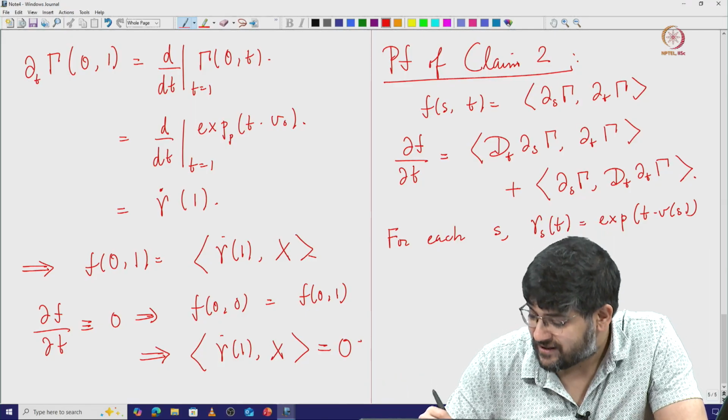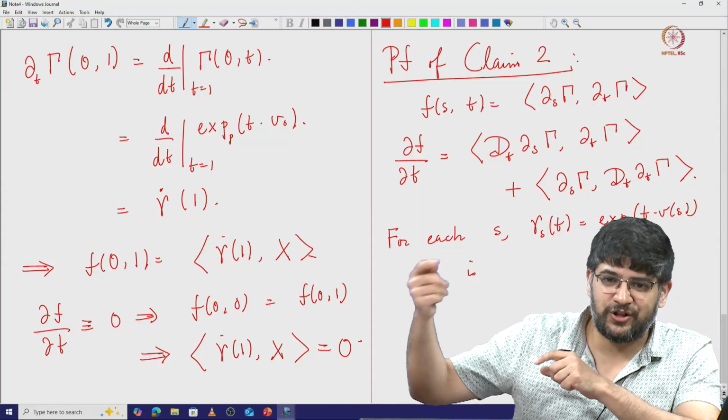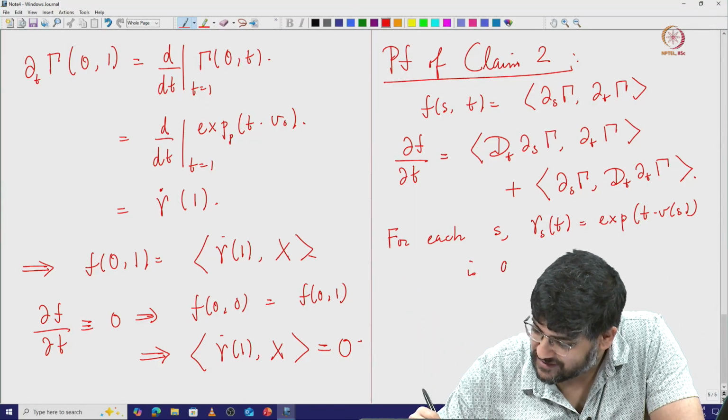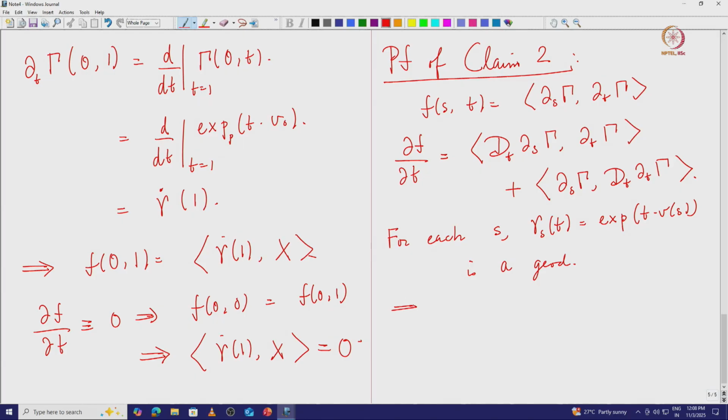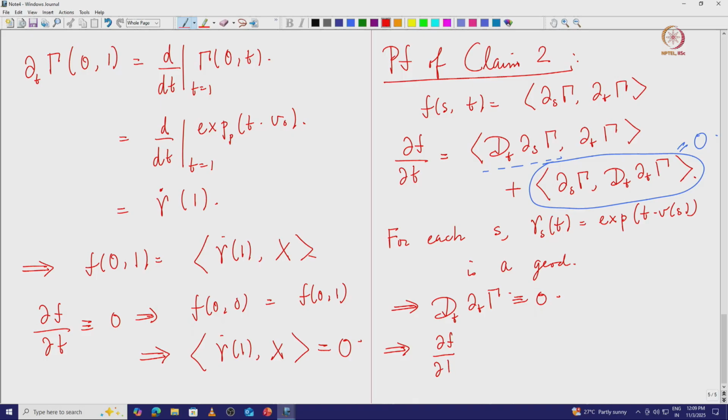So this is a geodesic. Each of these pink curves that I drew in the previous picture are all geodesics, which implies that if you take their velocity vectors and then take the covariant derivative, that is going to be 0. So this term is going to be 0. I am basically just left with this term. So this implies that del f by del t is precisely dt ds gamma dt gamma.